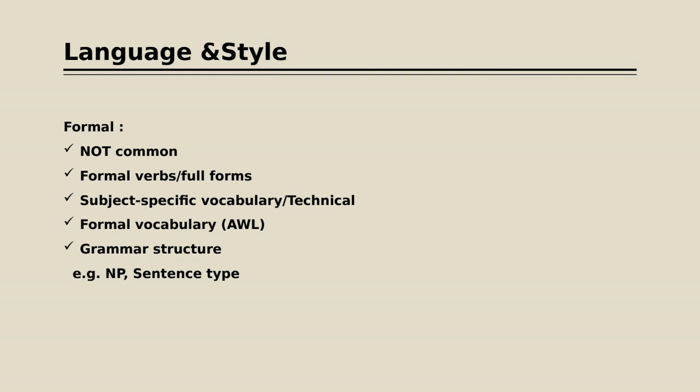Formality is using standardized language, vocabulary, using more technical vocabulary, using formal verbs, not informal verbs, not common verbs, not common vocabulary, using full forms, not short forms, especially with verbs like to have, to do, to be.